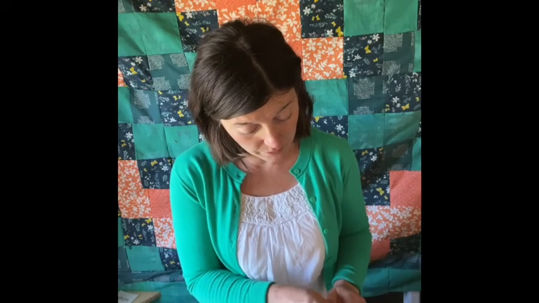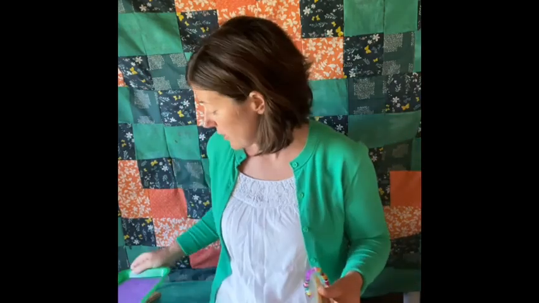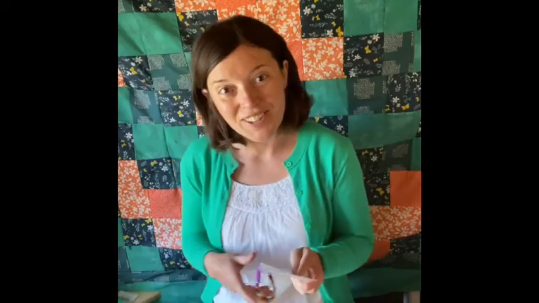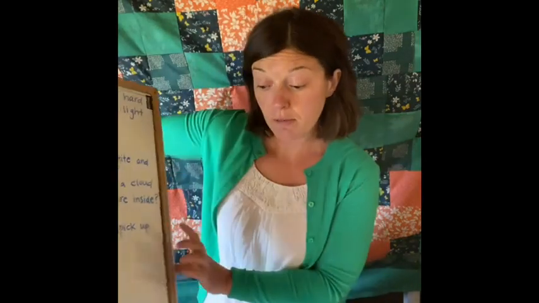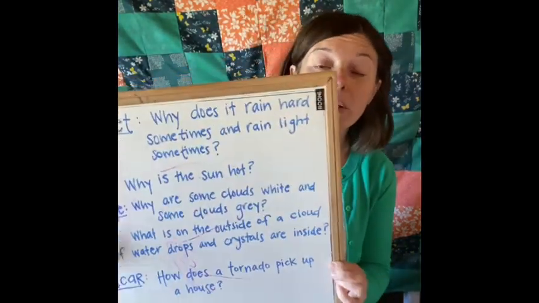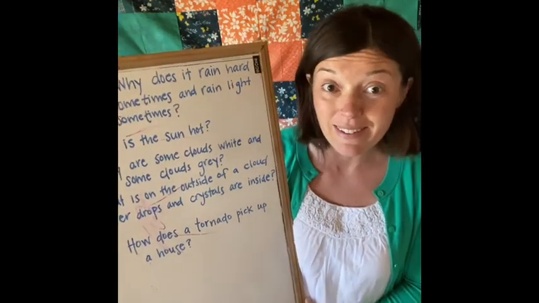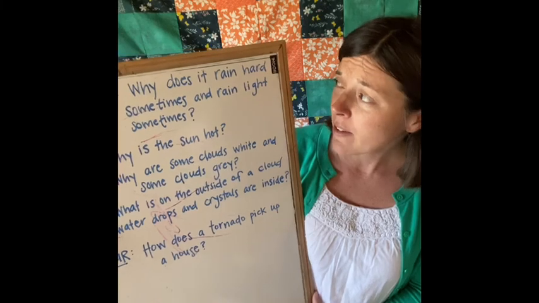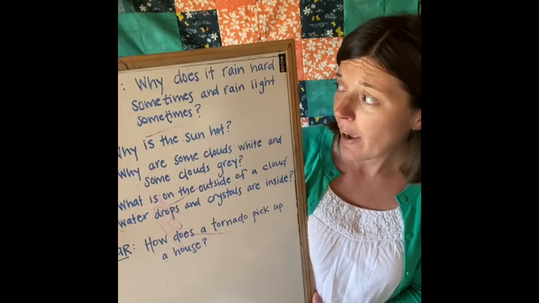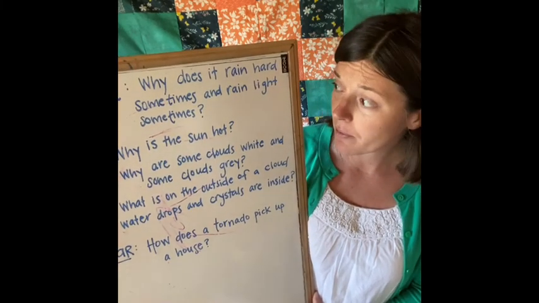Okie doke. Now, I heard from several of you yesterday. Got some fun phone calls. I got some fun videos of some weather questions. So remember, you have until tomorrow to get me those weather questions, but I wanted to read a couple to you right now. So Emmett asks, why does it rain hard sometimes and rain light sometimes?